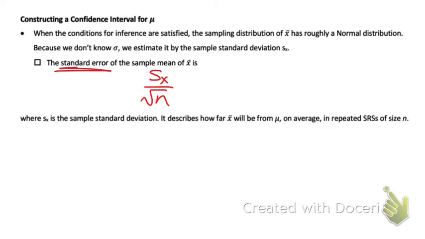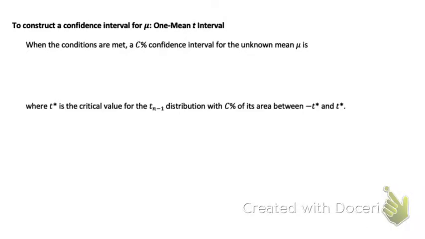And now, the confidence interval formula. Instead of p hat as my point estimate, what would my point estimate be if I'm doing a problem with means? I'll say it again. If I'm doing a problem about means, what would the point estimate be if it's not p hat?